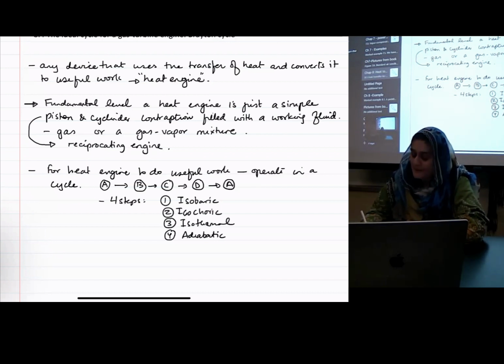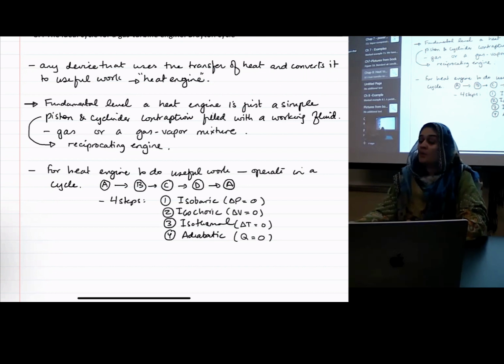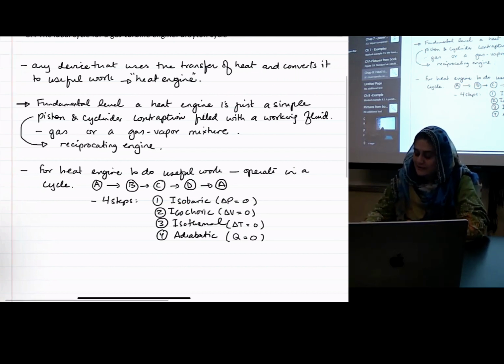What is isobaric? Delta P 0? What is isochoric? What is isothermal? And adiabatic? Good.